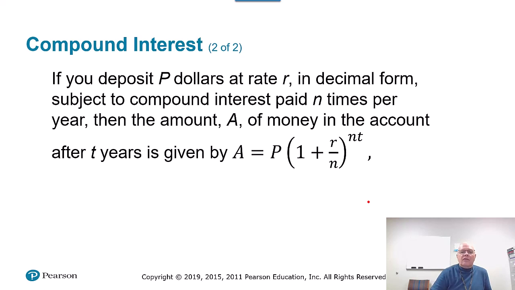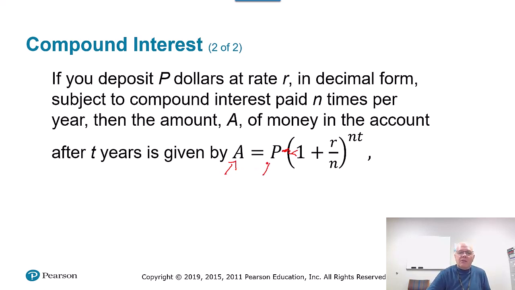Now here's the formula that I want you to remember, or to write down and be able to use fluently. There we go. Okay, here's your amount that you have at the end of the time period, also called future value or maturity value.